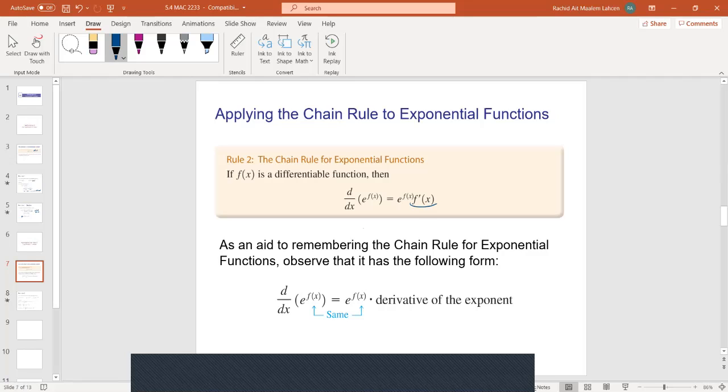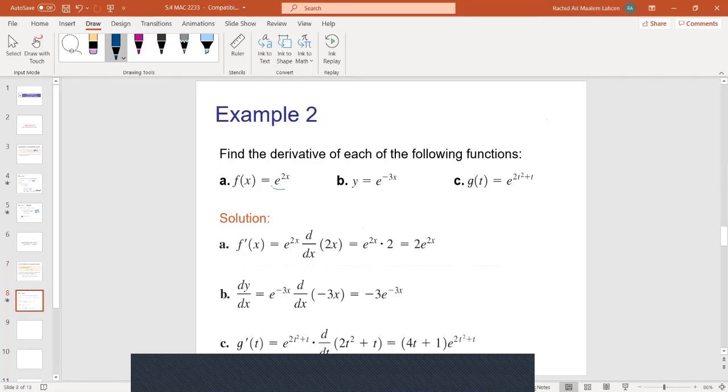The first part is the same; multiply by the derivative of the exponent. Here is an example: e to 2x is the same, times the derivative of the exponent, which is 2. Same thing here, with the derivative of negative 3x, and a similar thing for this one.